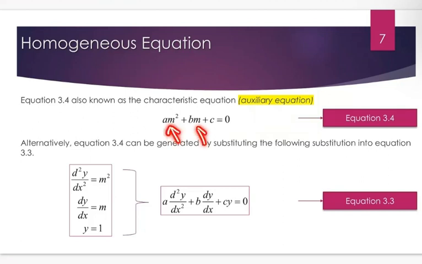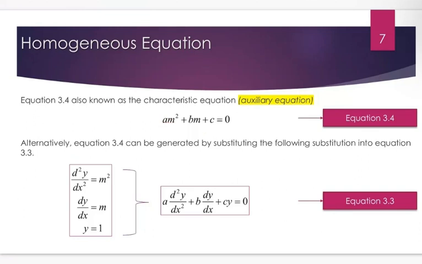This is a quadratic equation, and for a quadratic equation you may have three kinds of root. So we may have three kinds of value for m.